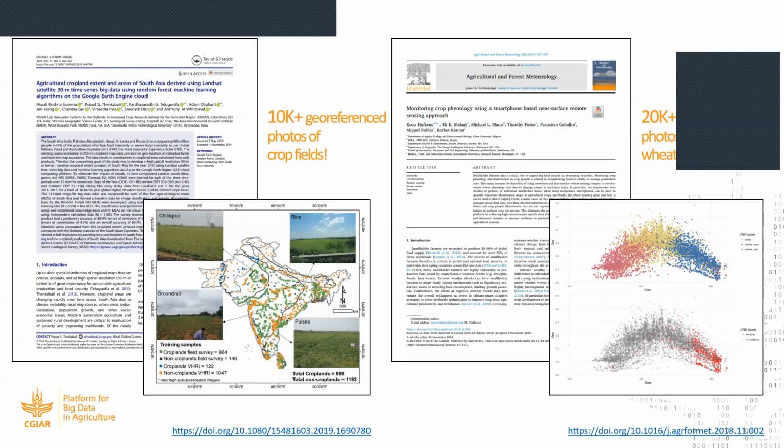But in many other cases, we can use data that's been taken for other purposes and utilize it for more research. And smartphone crop phenology, more than 20,000 points taken by IFPRI, our colleagues also in India and other parts. Lots of potential to use that for calibrating machine learning approaches and algorithms and improve data sets that way.